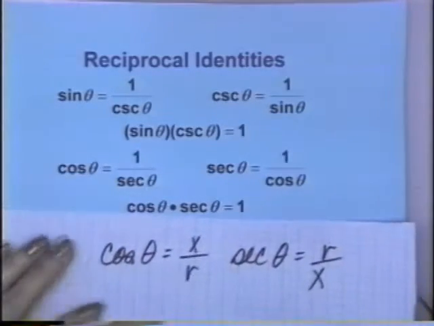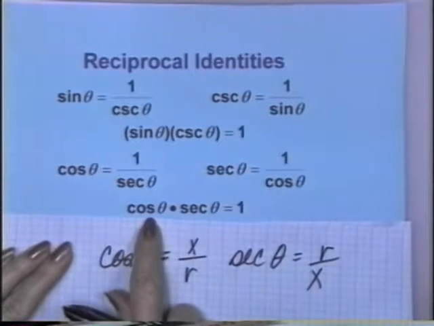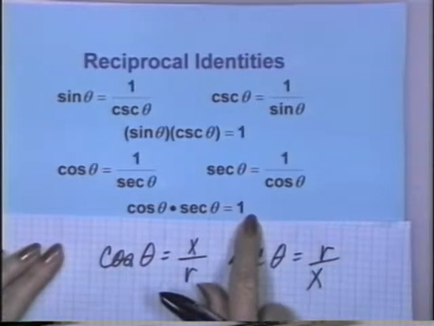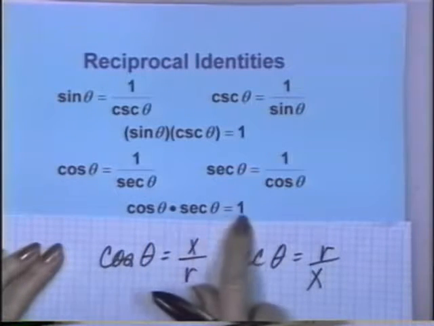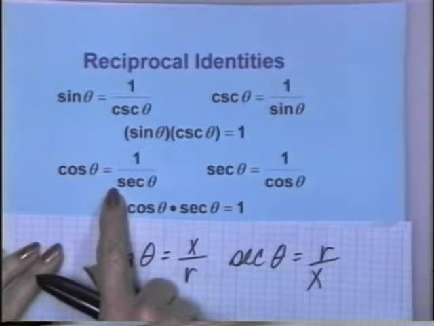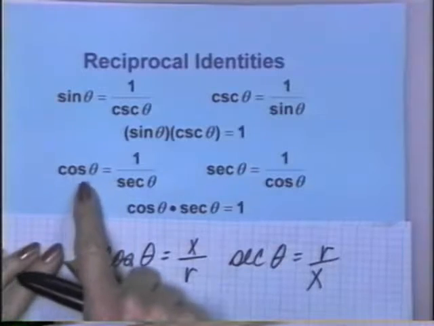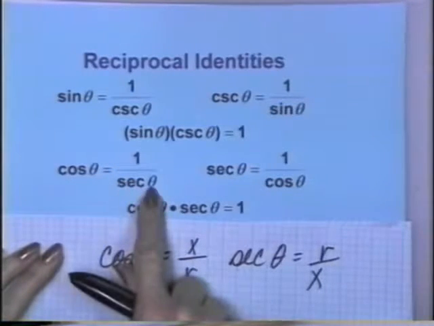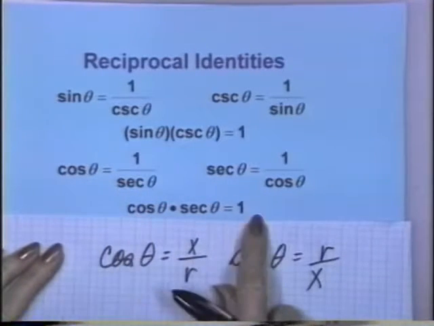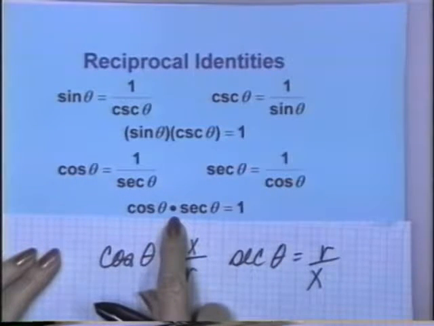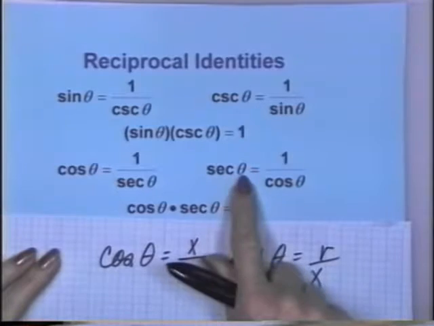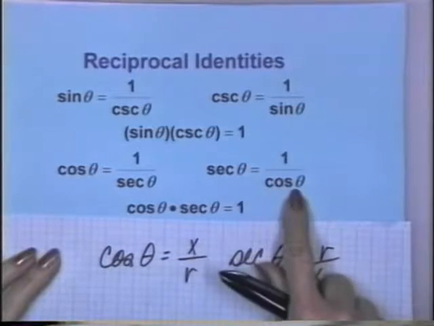Consequently, cosine theta times secant theta equals 1. We could take this statement and divide both sides by the secant of theta, and we would have the identity cosine theta equals 1 over secant theta. Or if we divide both sides of the equation by cosine theta, we get secant theta equals 1 over cosine theta.